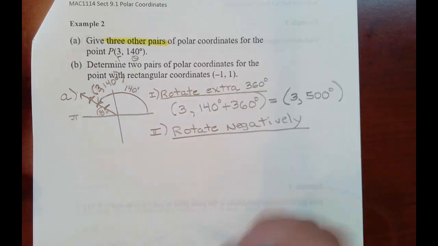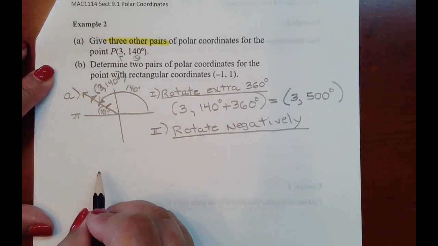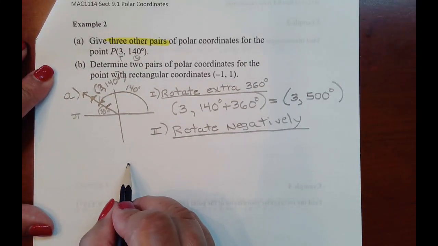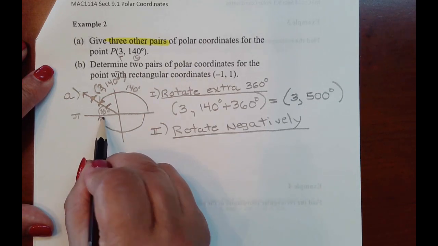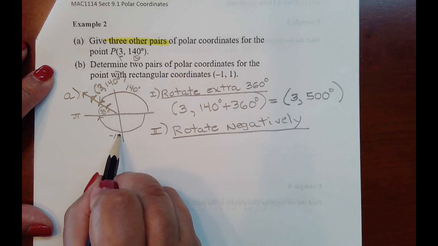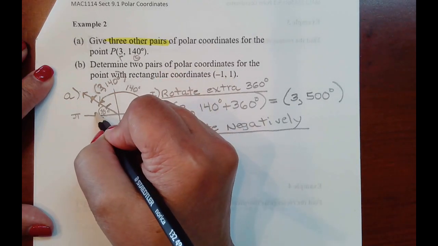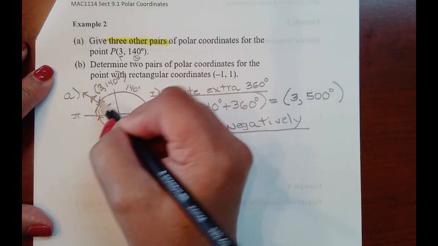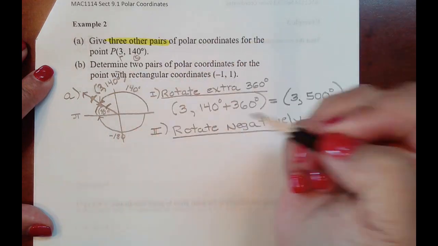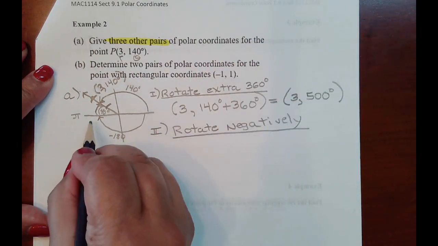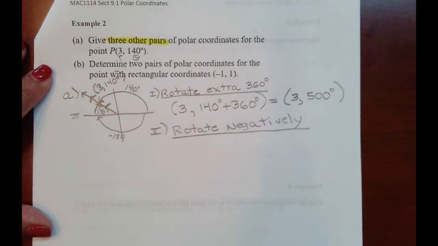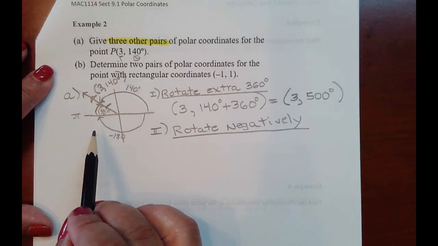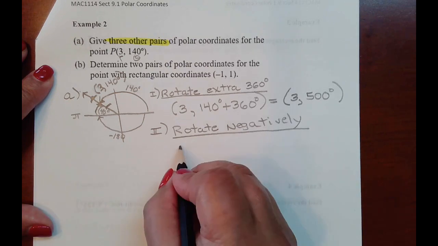So that would put me, if I'm rotating this time going like this, and going negative 180, and then continuing until I get right there again, which would just be another 40 on top of the 180. So that would be 180 and another 40, rotating negatively to get a total of 220 degrees.